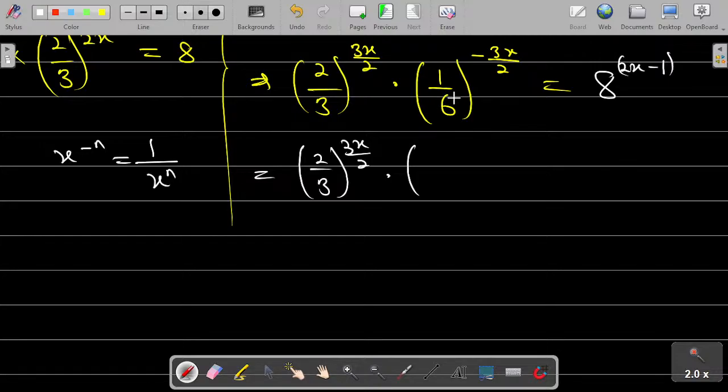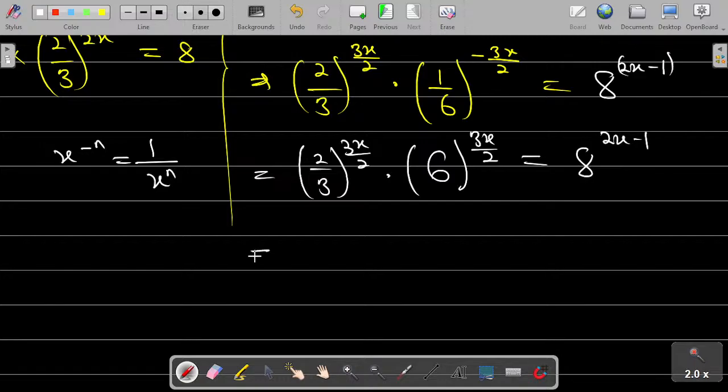that's this one now, what will happen is that the power will change to positive, and the reciprocal of 1 over 6 is actually 6. So if I turn this upside down, the power will just change to positive. That's minus minus. It will become minus minus this, which will now be positive, and that will give me 3x over 2, which is exactly what I have here. Okay, so that will give you 2x minus 1.